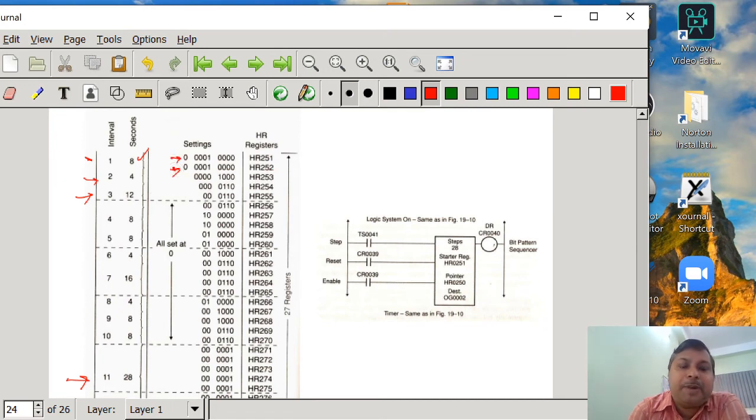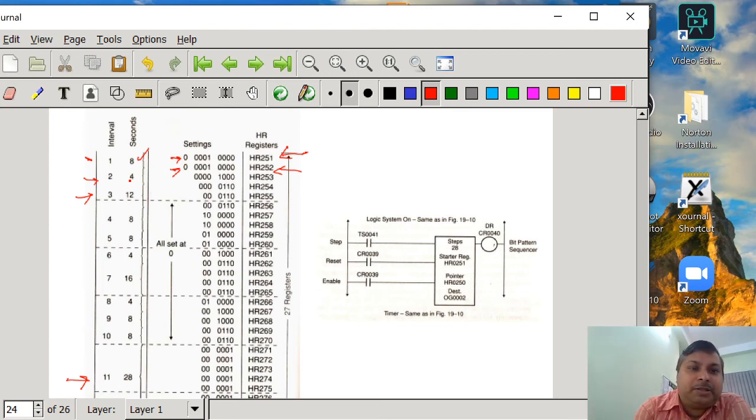If you use the preset value 4 for the timer, then for the first 4 seconds 251 will be executed, and then after 4 seconds it will be pulsed. The control will move to 252, but in 252 the same pattern has been written. So 4 plus 4, for a total of 8 seconds, the same function will be executed.